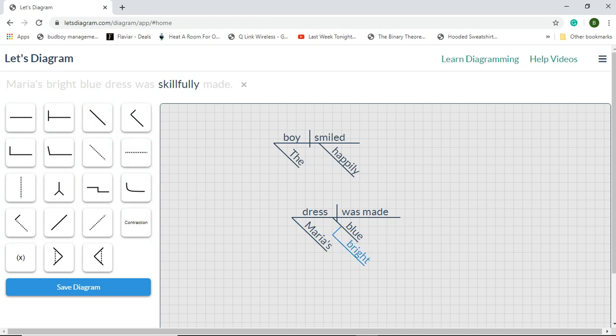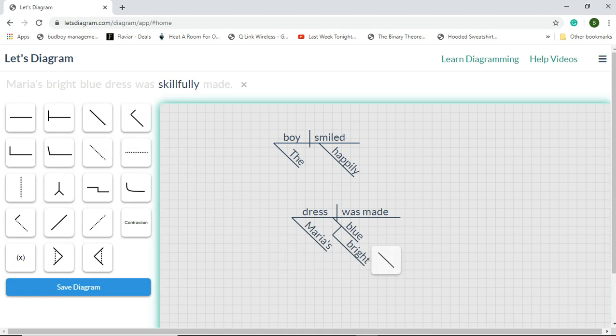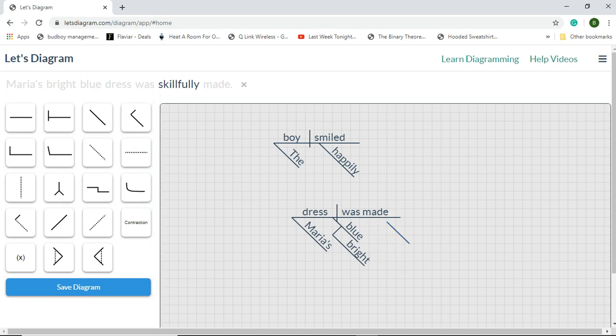Bright, because bright is modifying the adjective blue. How blue? Bright blue. How blue? Bright blue. And then, remember that adverbs modify verbs, other adverbs, and adjectives.